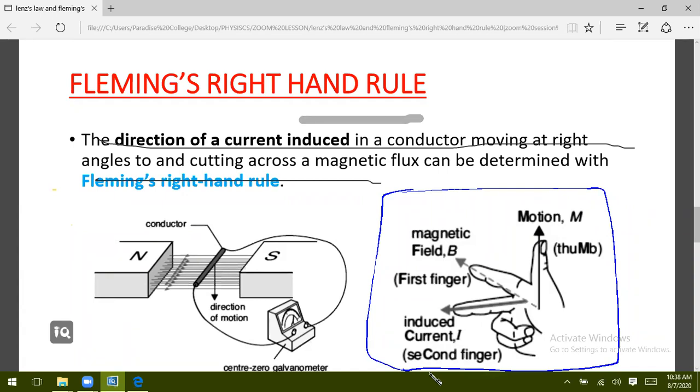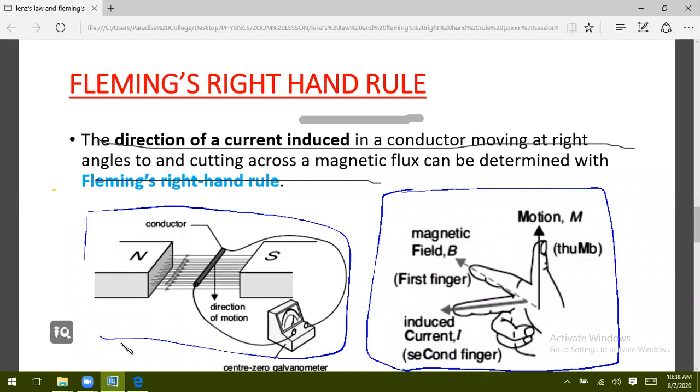The first finger gives you the field lines and the second finger gives you the current direction. But in this case, the right-hand rule, the thumb gives you the motion of the conductor in the magnetic field. So take a look at this diagram here.